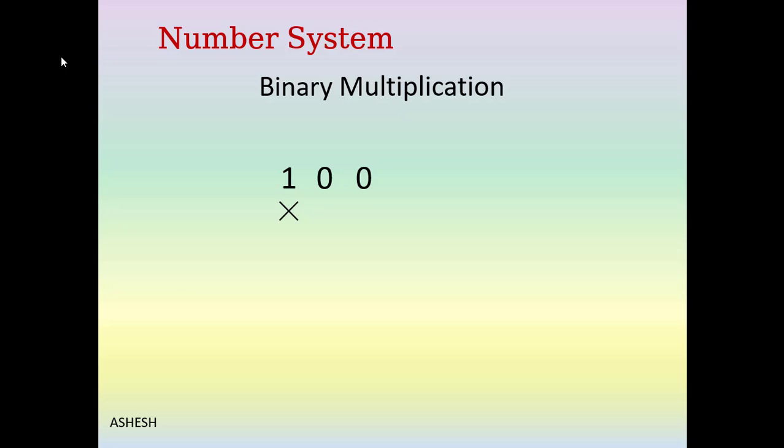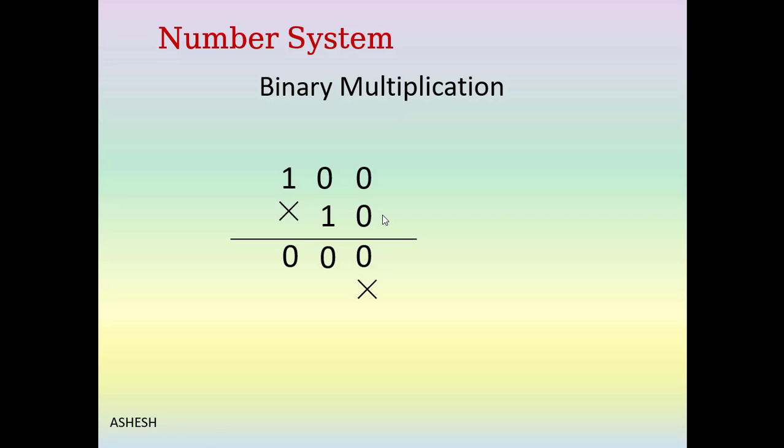Now here we see that 0 multiplied by 0 is 0. 0 0 multiplied by 0 is 0. 1 1 multiplied by 0 is 0.